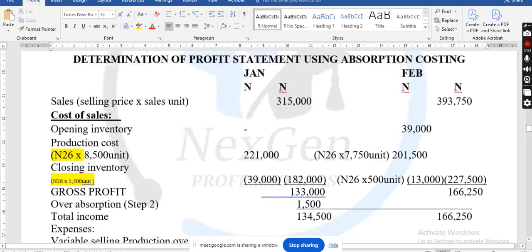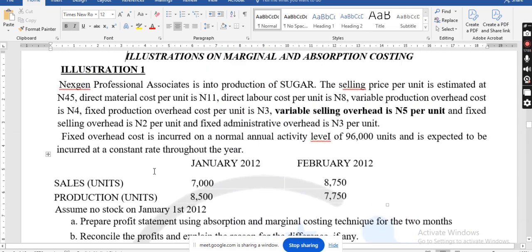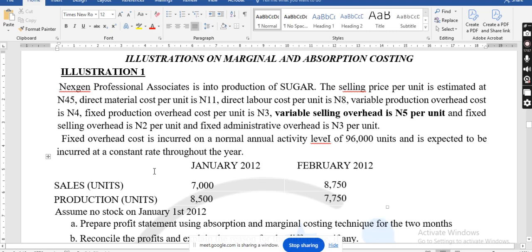So if this is established as well, which other expenses do we have given to us? We've done the variable selling and fixed selling. Fixed administrative overhead. You can see that this one is fixed. Whether you produce or you did not produce, you will incur fixed administrative overhead.